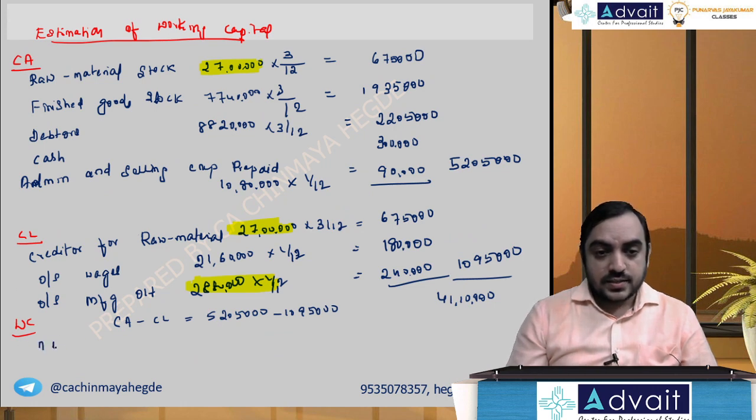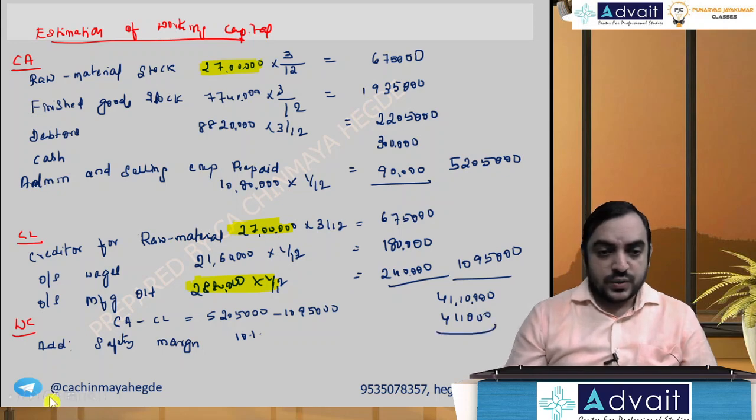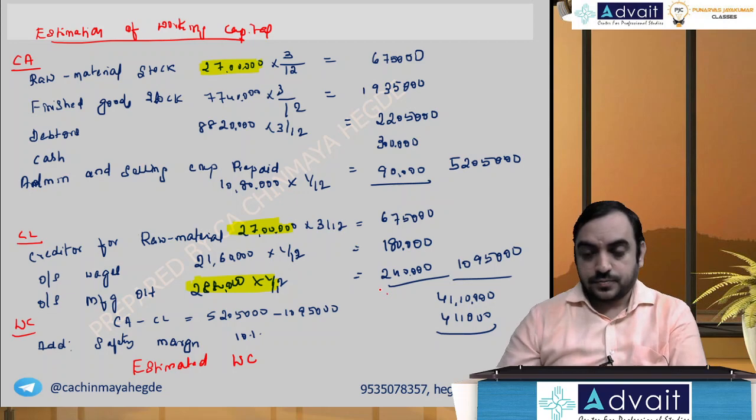So you add 10% on 41 lakh 10,000, that is 4 lakh 11,000, and this will give you the estimated working capital: 45 lakh 21,000.